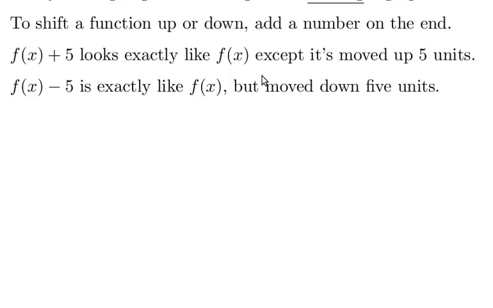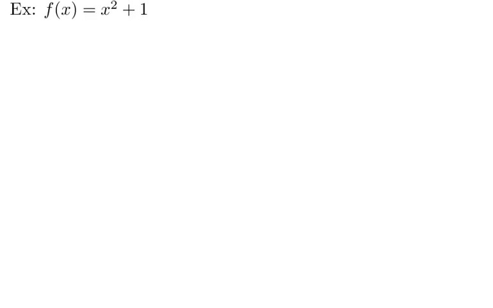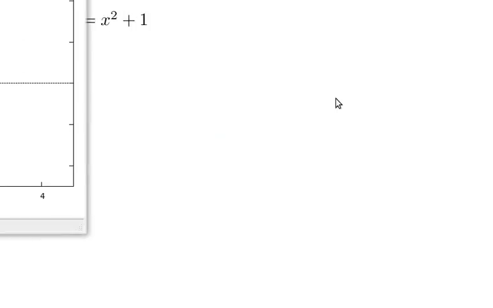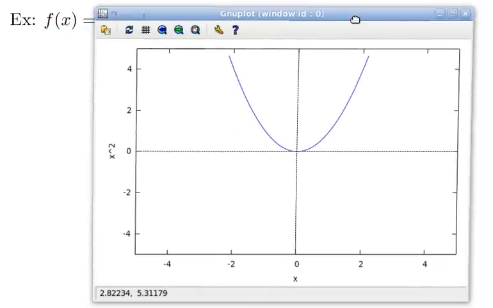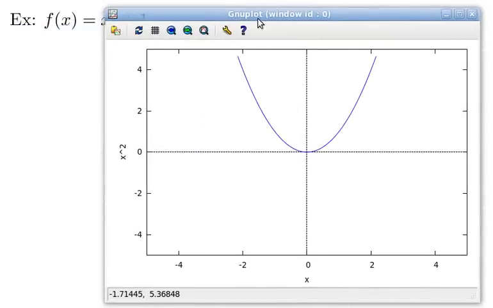So let's take, for example, f of x equals x squared plus 1. Let's take a look at the regular f of x. This is a computer-generated graph of f of x.